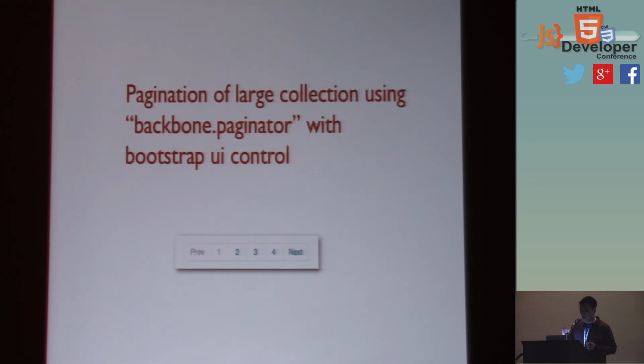After the survey, we picked this one, Backbone Paginator. This one has the simplest UI and I think the most efficient. And combining this with Bootstrap UI, we built this nice little thing. I know it is just a couple of buttons down there, nothing special, right? But there's a lot of things going on.